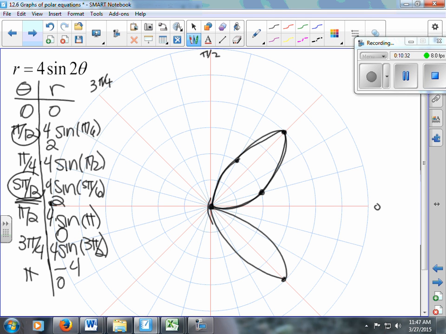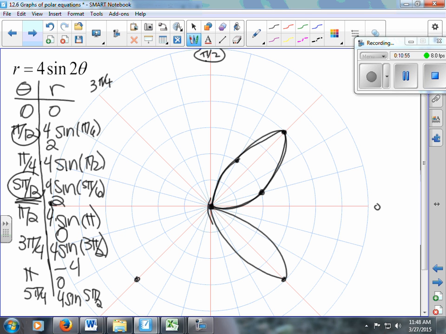Now I'm going to try pi fourths in the third quadrant, which is 5 pi fourths. Once I plug 5 pi fourths into theta, I get 4 times the sine of 5 pi halves. 5 pi halves is up here where pi halves is. They're coterminal, and the sine of that is positive 1. And so I get a radius of 4 again.